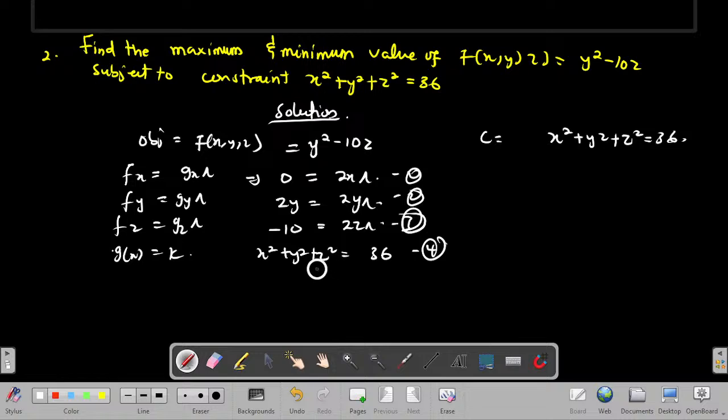What's next? Next is to find the values of our optimizing variables and lambda. You realize that ultimately we have different values. So here we are at the critical points, where we get peaks, either the maximum or the minimum values.